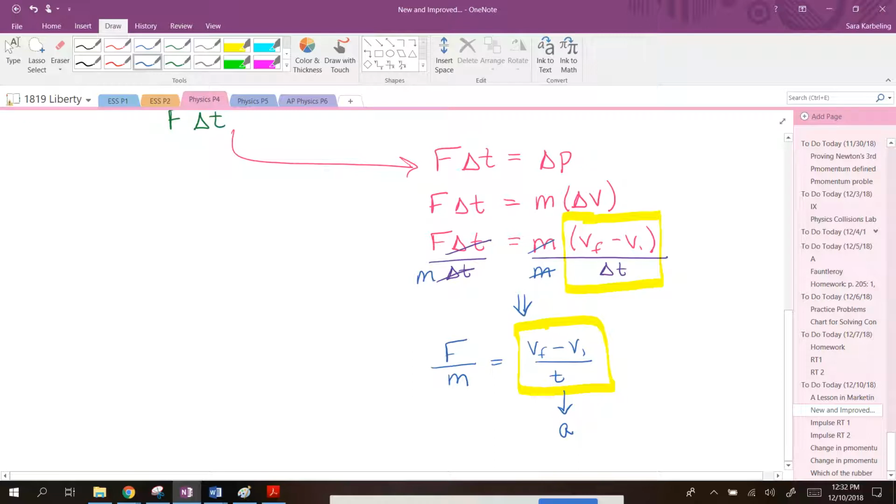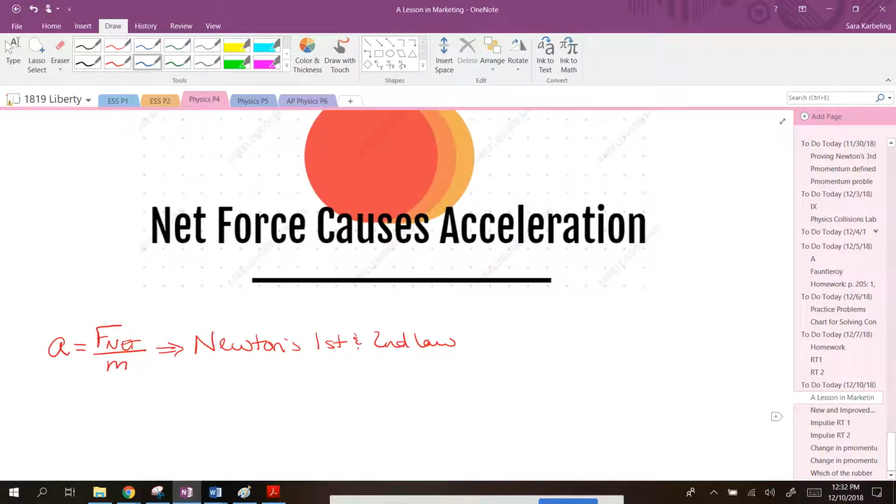F over m equals a. Have you seen that before? Net force divided by mass is equal to acceleration. Have you seen that before? Yeah, that's just this thing, right? Oh, look at that.